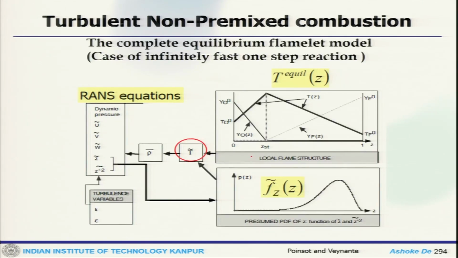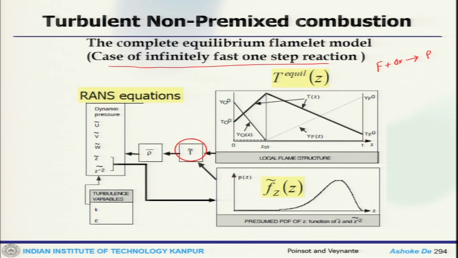Now, to complete this part of the discussion on the equilibrium flamelet model, what you can see is a case for an infinitely fast one step reaction. That means you have fuel plus oxidizer to get product. So, this is an infinitely fast reaction. This whole picture will give you a complete idea about how everything is handled in the RANS framework.